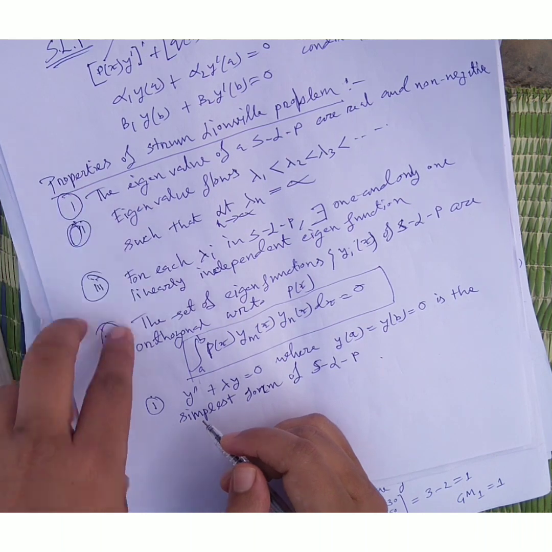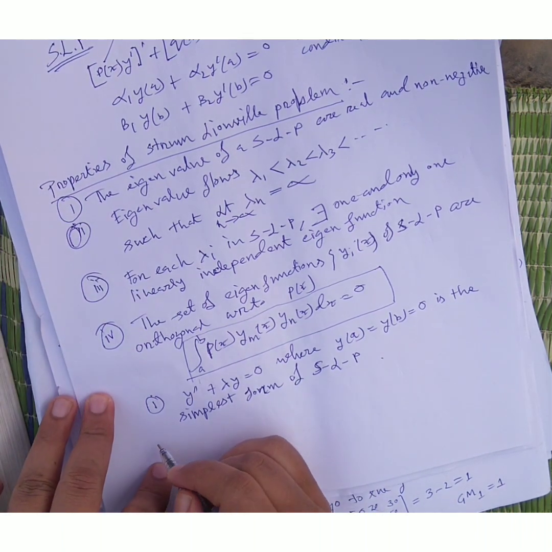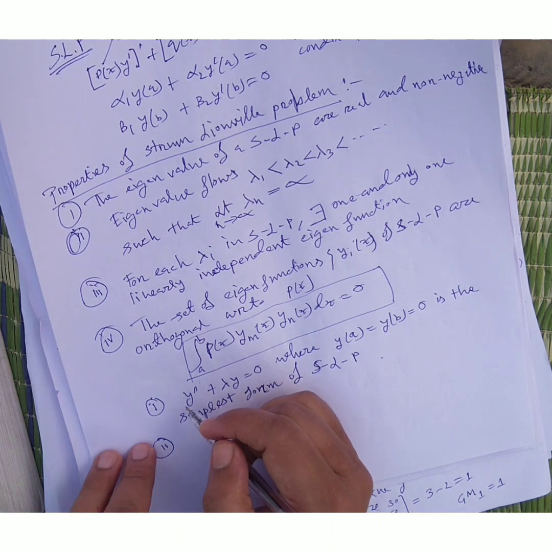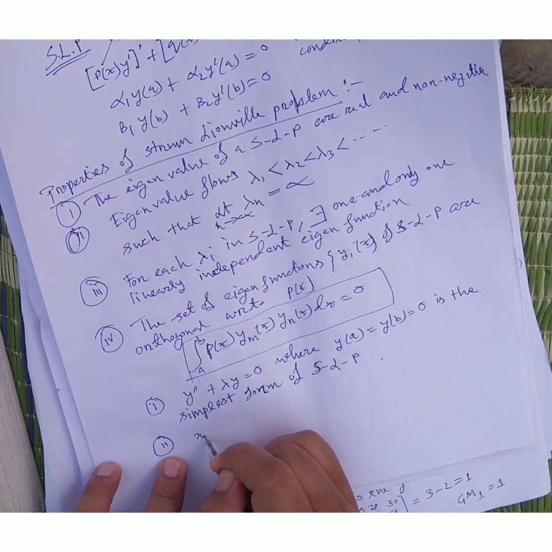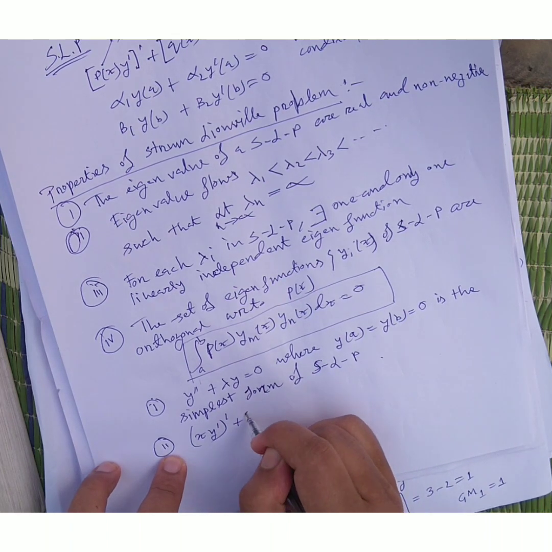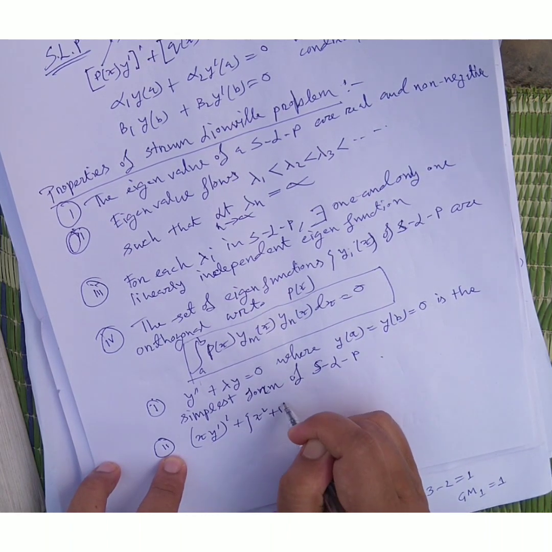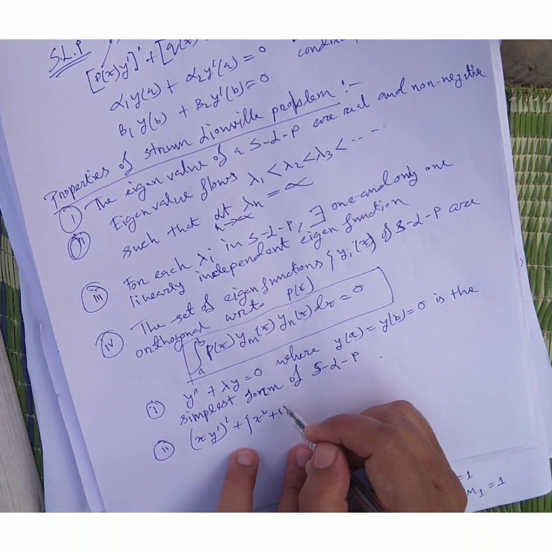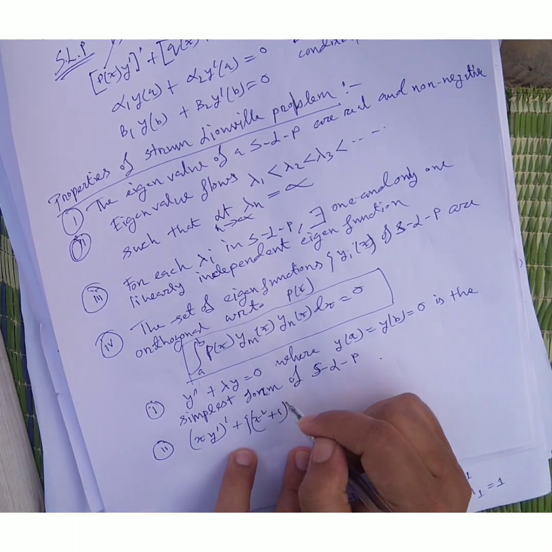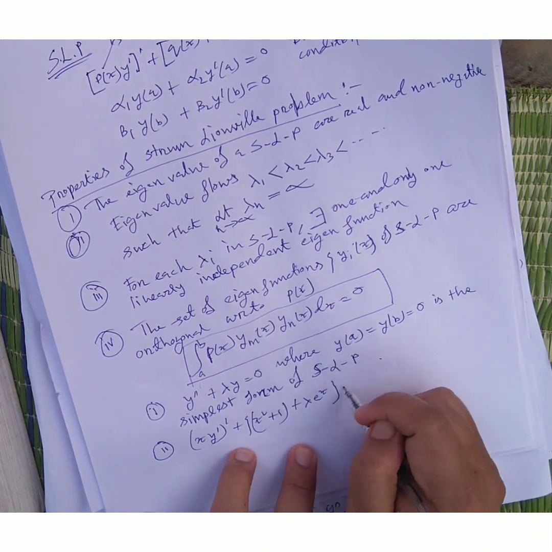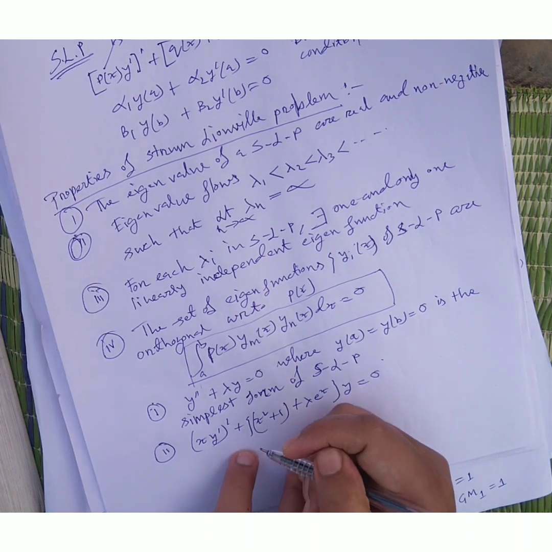So friends, this is one of the examples, and number 2 example of the SLP is (x y dash) dash plus (x square plus 1 plus lambda e to the power x) y equals to 0.